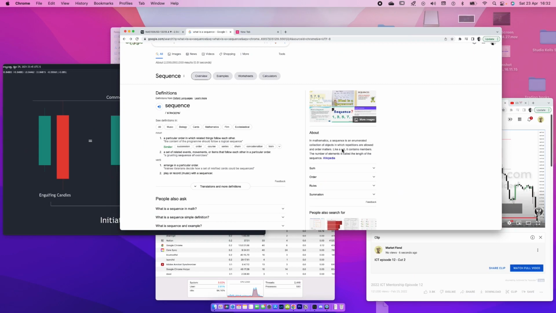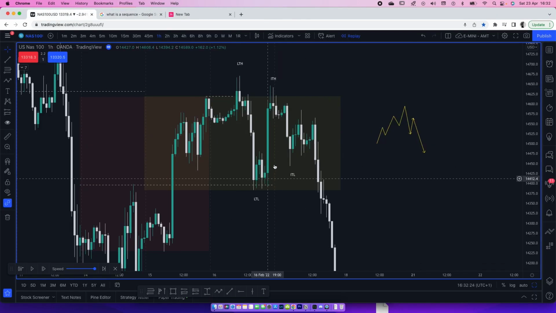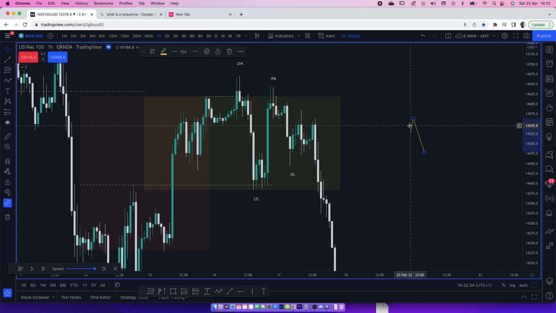We are dealing with a sequence of events that is supposed to happen once you get the ICT signature. Let me redraw this properly so that it makes sense, and I'm going to show you what that sequence looks like. So you have the ICT pattern signature here.